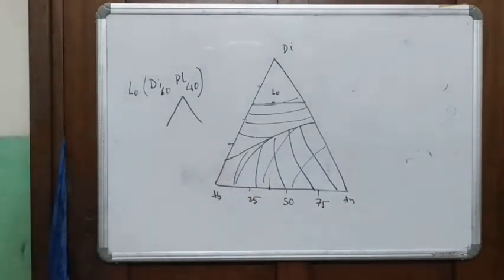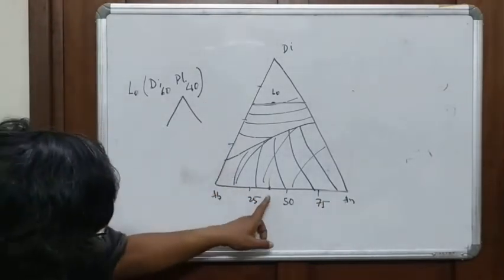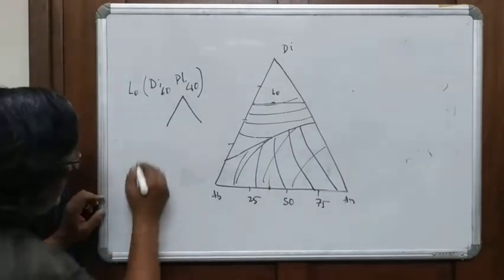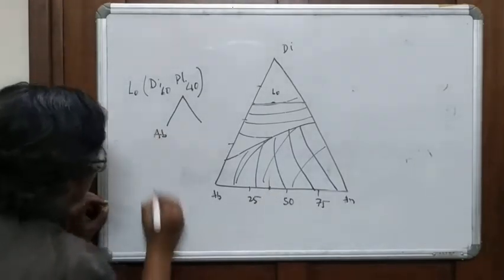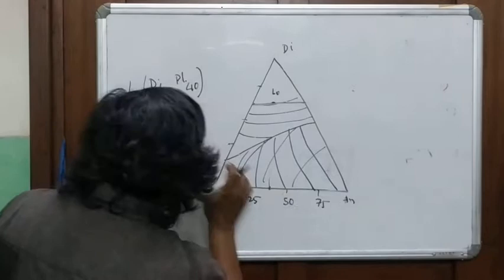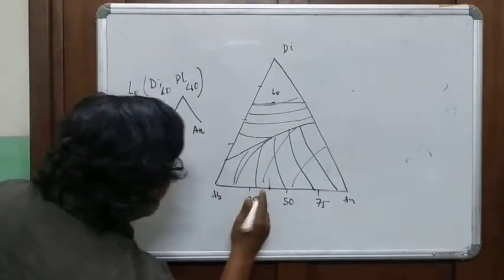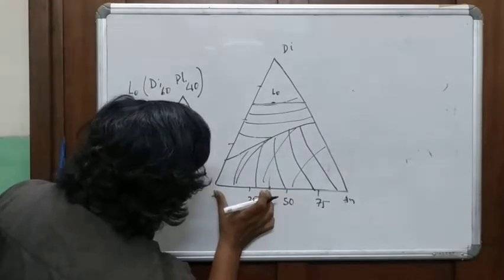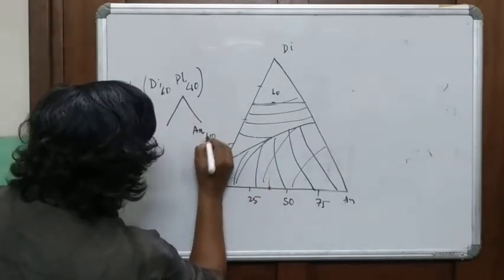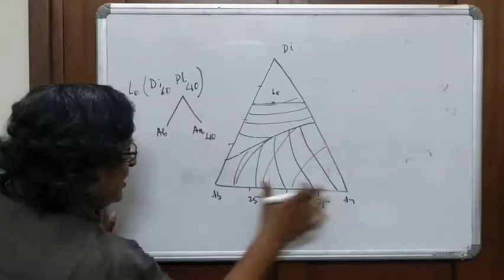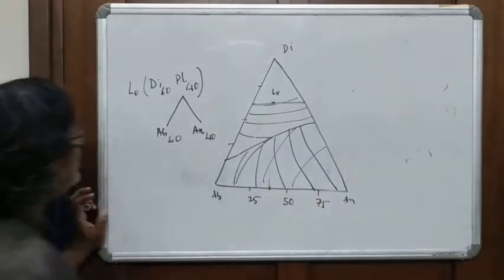So you can see, if this is the case, then anorthite in the melt is roughly, say, 40, and albite is roughly 60.